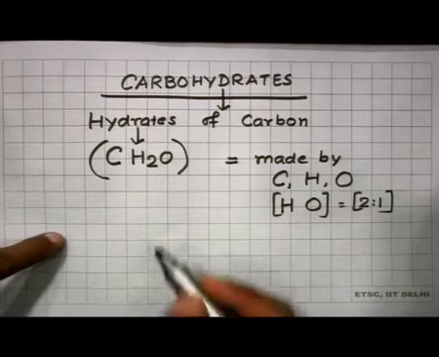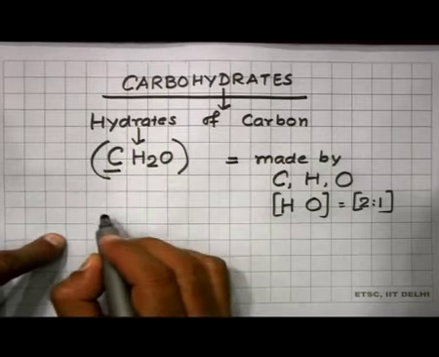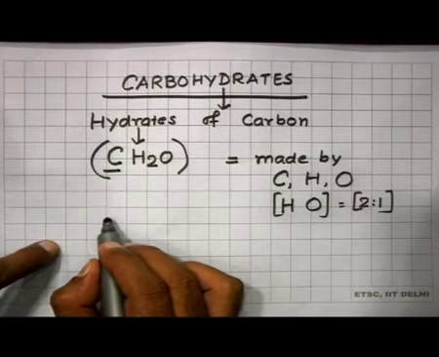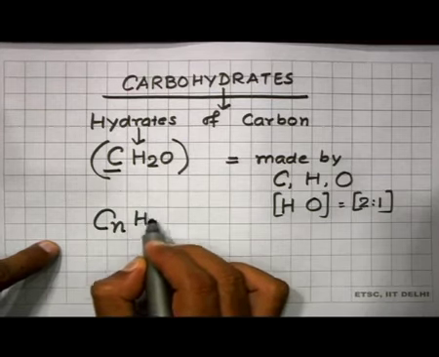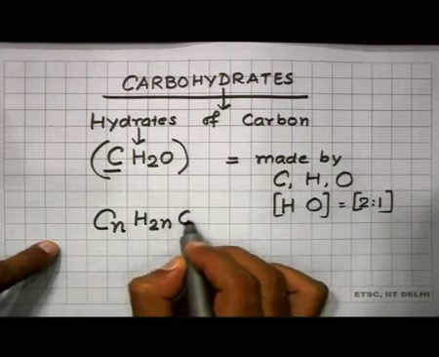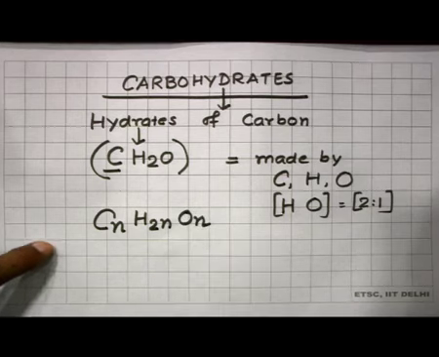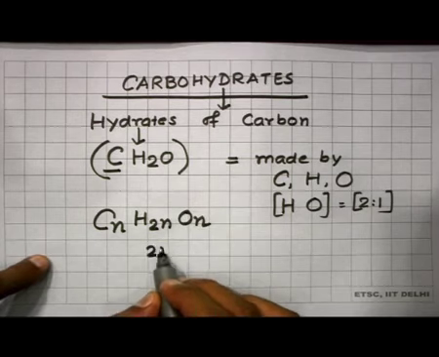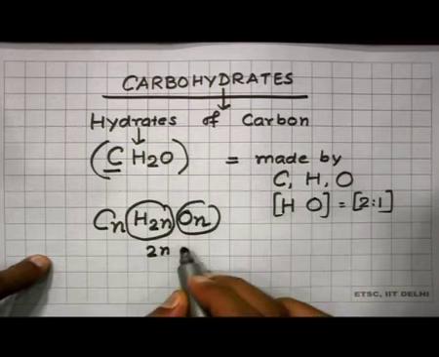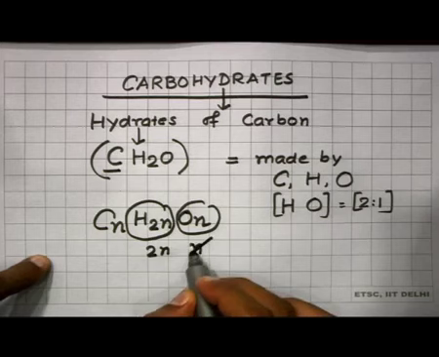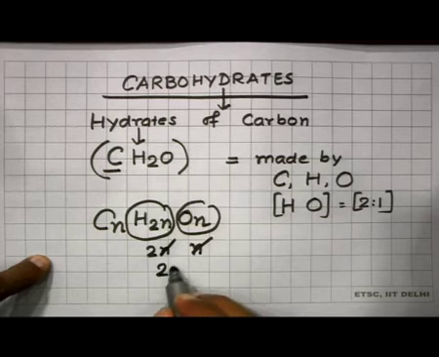There are various types of carbohydrates. The general formula of carbohydrate we can write as CnH2nOn. Here you can see 2n is hydrogen, n is oxygen. So, the ratio is 2:1.